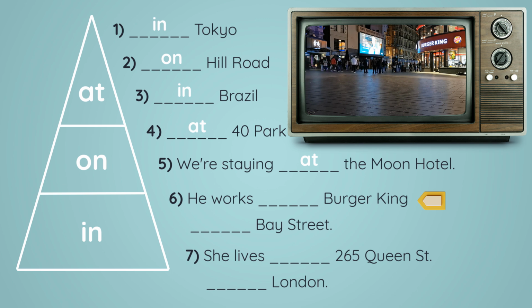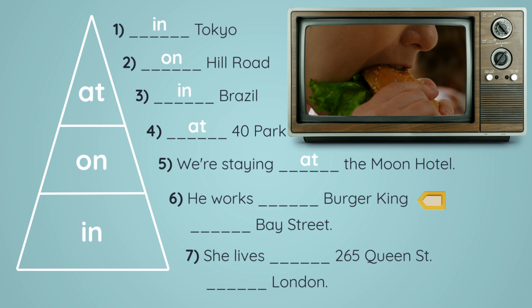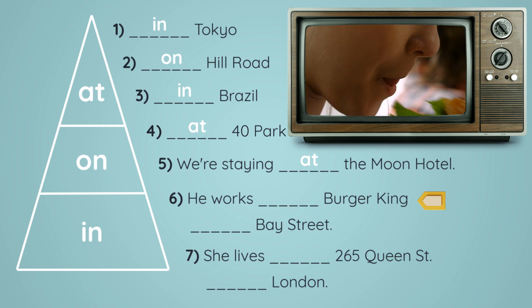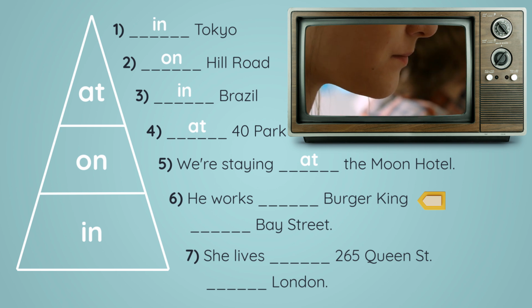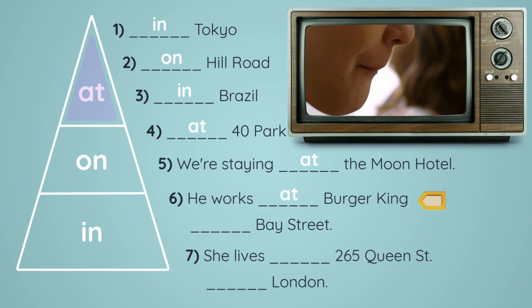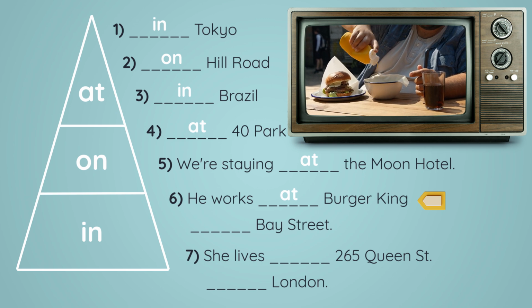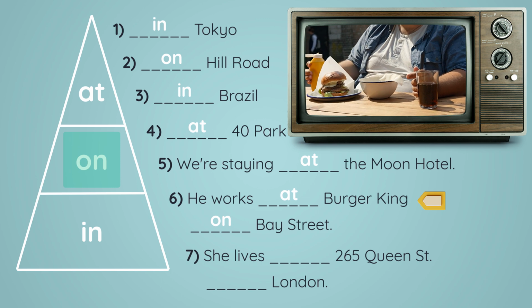He works, blank, Burger King. Is that a specific place or something very large or something medium size? It's a specific place. So here we would say, he works at Burger King. And then we have Bay Street. What do you think that would be? On Bay Street. He works at Burger King on Bay Street.